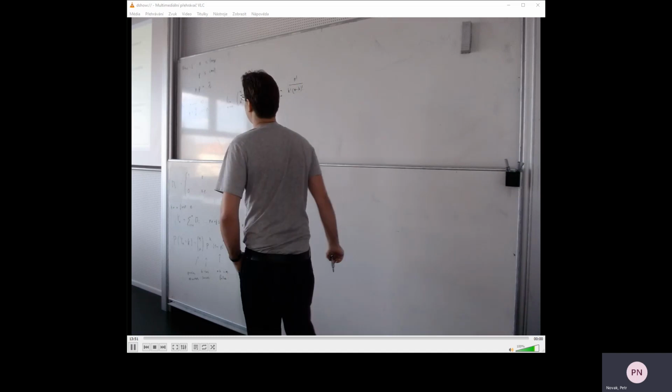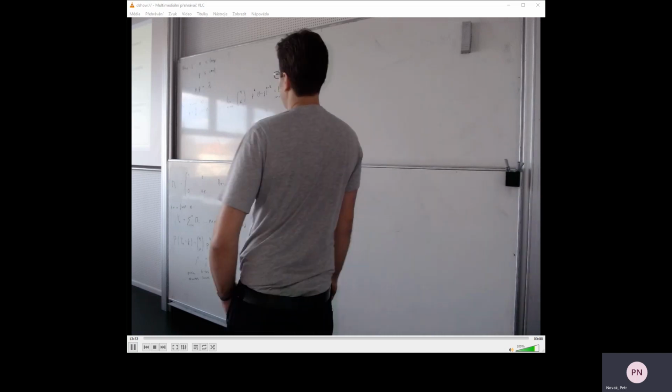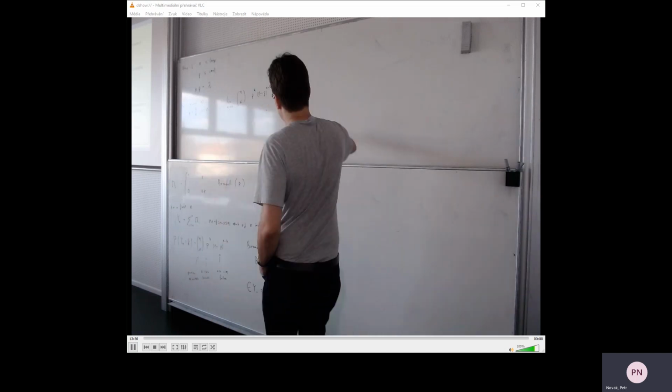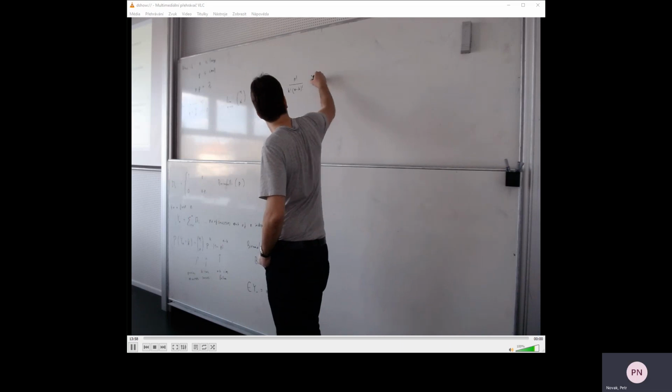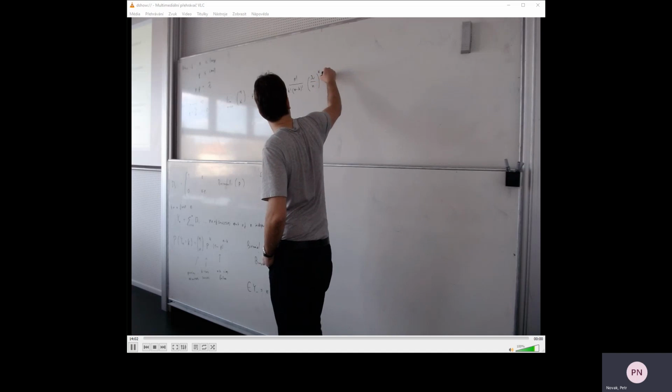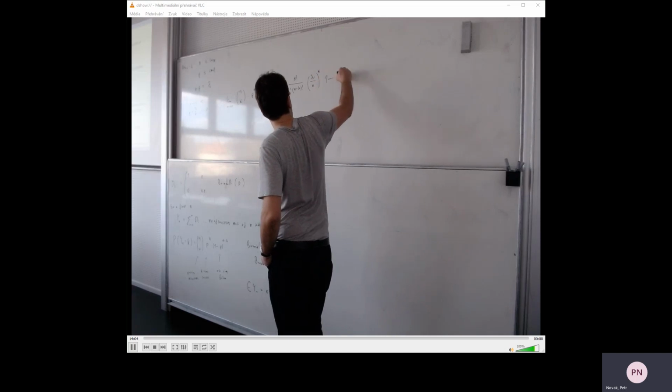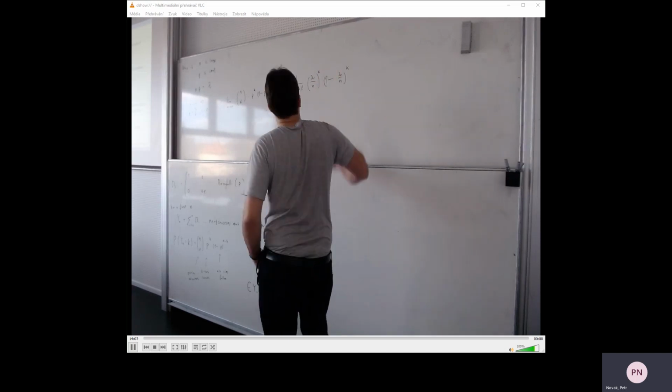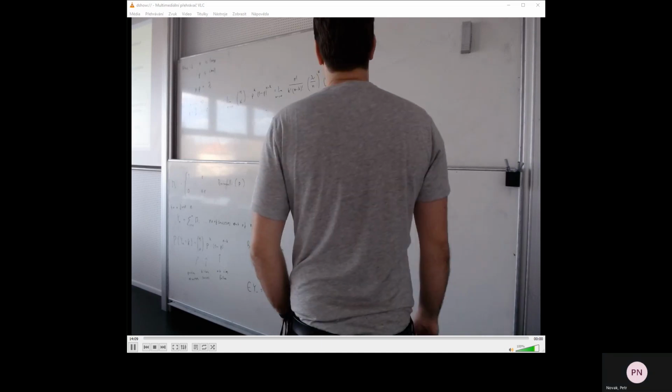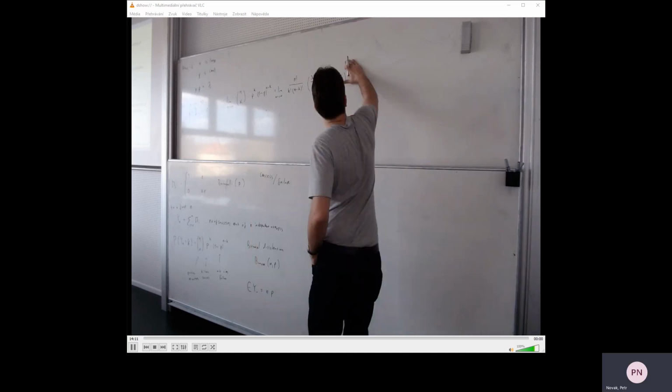And let's insert for p lambda over n: lambda over n to the power of k, 1 minus lambda over n to the power of n minus k.